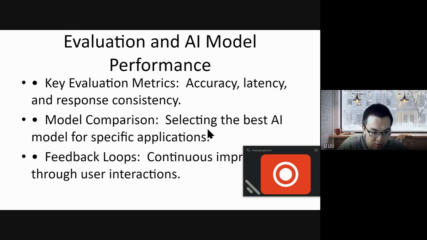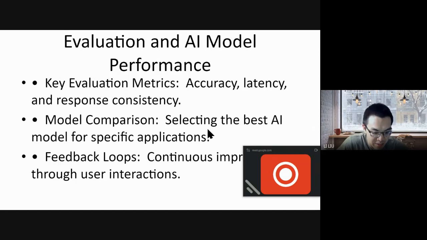And also, in some use cases, a model comparison, because even today, the OpenAI's model and Gemini will be different by its nature. So there are a lot of discussions and comparison online in terms of which one would be the best for your use case.